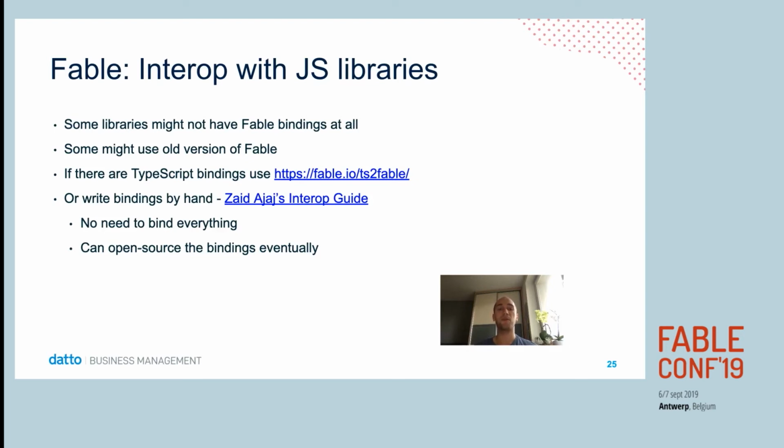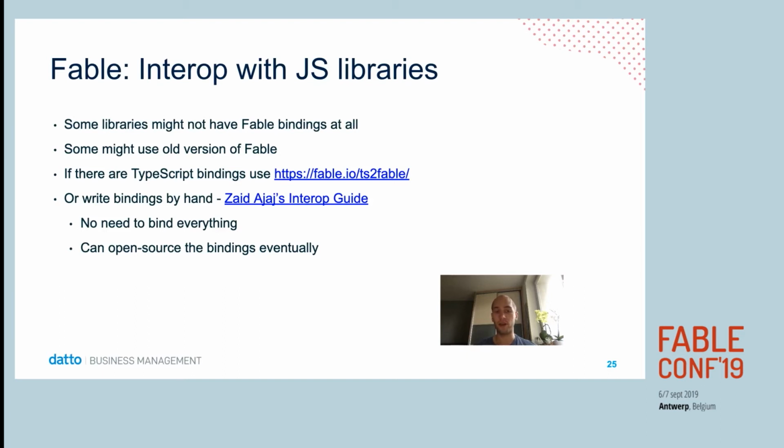But if there are no TypeScript bindings, or if it fails to translate the TypeScript bindings to Fable, because there are some types in TypeScript that do not map one-to-one easily to Fable and F#, you can always create the bindings by hand. That's not very hard, and there's an excellent guide by Zaid that shows how to do that. And the key point is that you probably don't need to bind everything at once, as was the case in my example for eCharts.